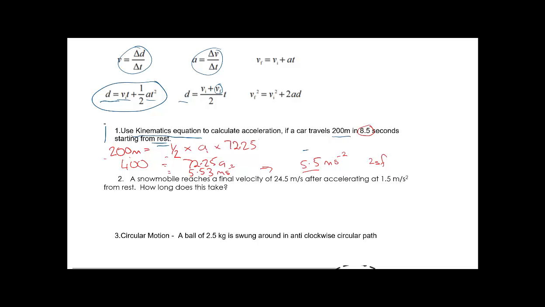Okay, now the next problem has you trying to work out the time it takes to reach a speed. So again, you've got a final velocity, v_f, equals 24.5. You've got an acceleration of 1.5 meters per second squared. And your initial velocity, v_i, equals 0.